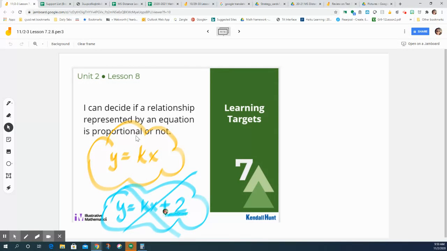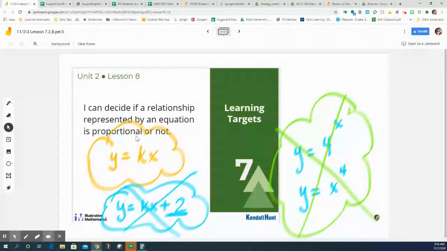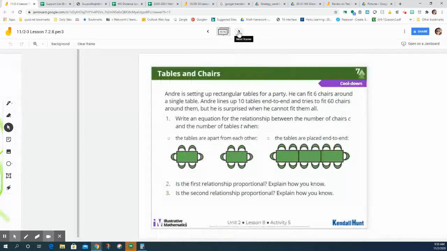Anytime you have this. Or if the equation looks like this, right? Either one of those, it is not proportional. Right? It has to have a number and an x. That number can be a fraction or a whole number. Okay?